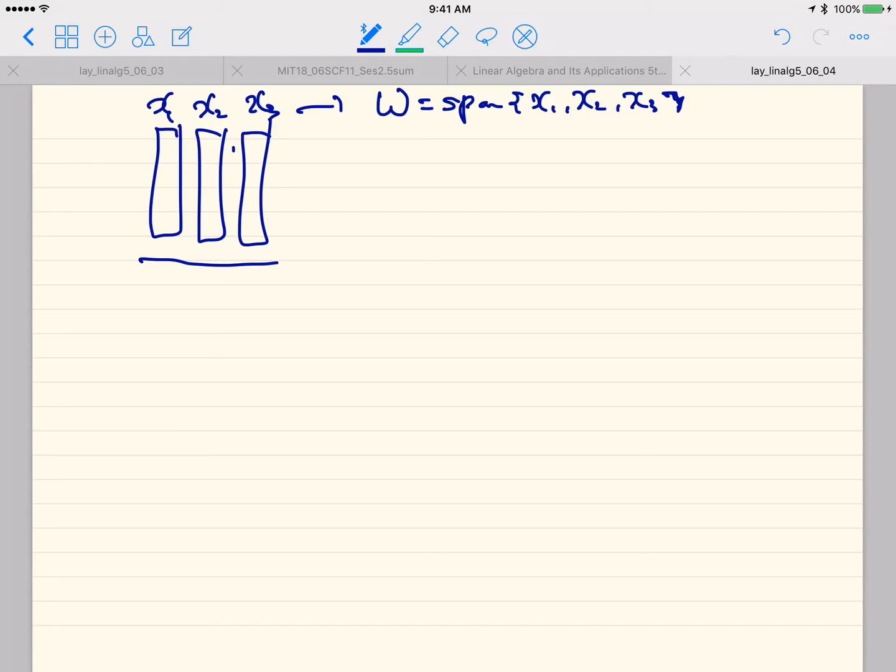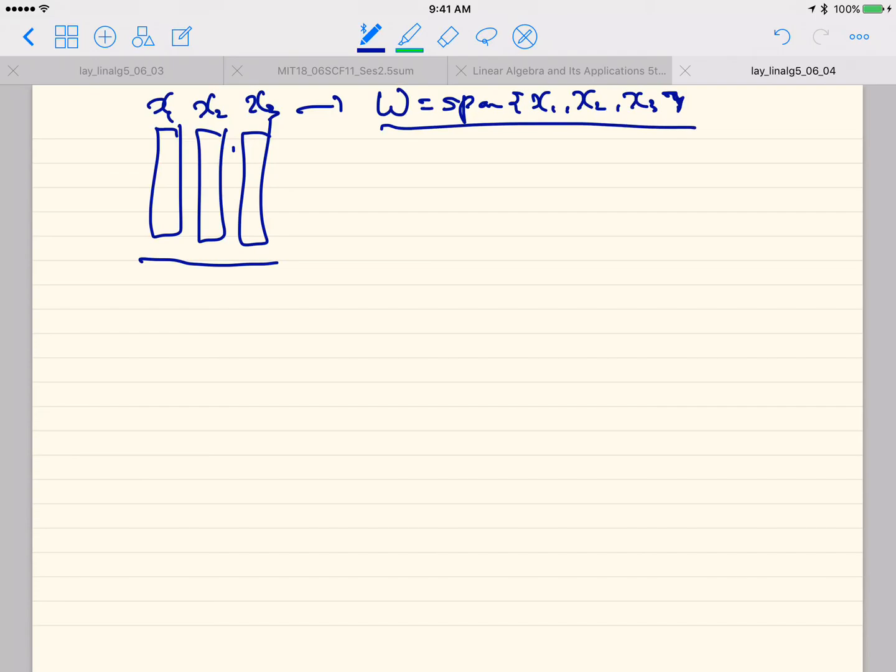If you remember what I explained maybe a week or so ago, how we obtain an orthonormal basis is as follows. We start with the first vector, and then we consider the smaller subspace that is spanned by only the first one.